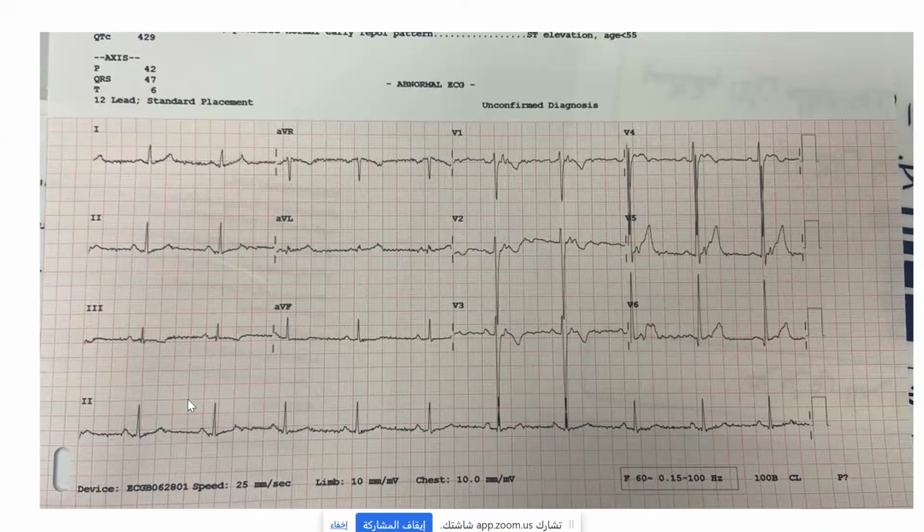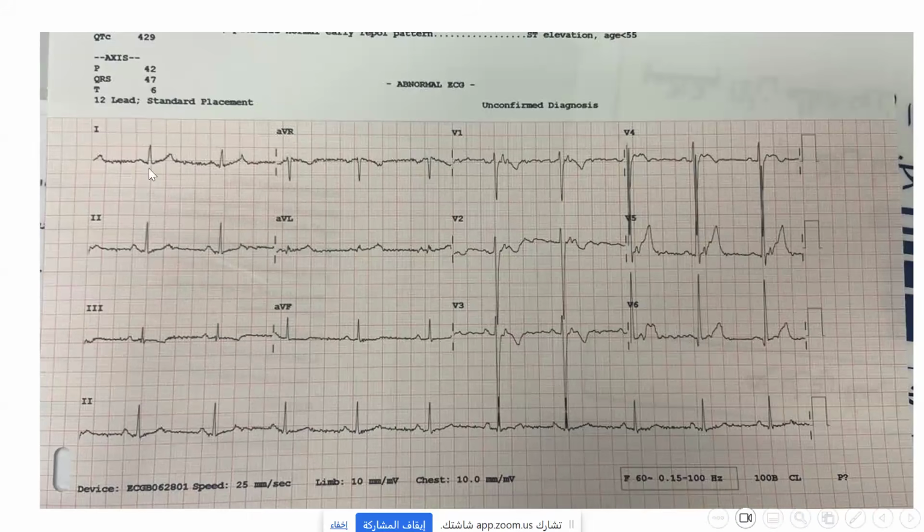Please, T wave inversion. Who is with me? Anterolateral, yes. What's your name? Namarek. Okay, Namarek. So this is a 12-lead ECG showing sinus rhythm, so there is a P wave. Always start with this.